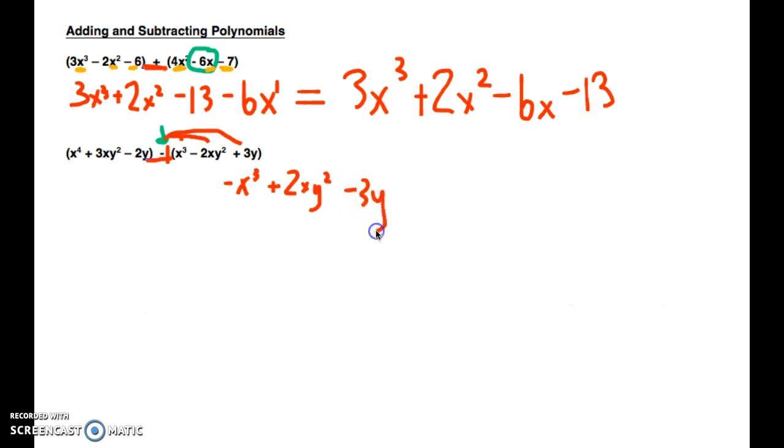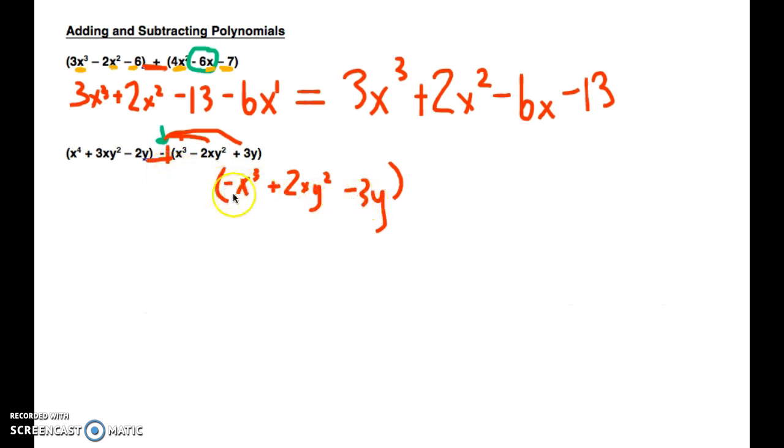Essentially, that negative will change all the signs. So when you see that negative, you need to tell yourself, stop, whoa, and change all the signs. Kind of a goofy little rhythm there, but it's something important to remember.